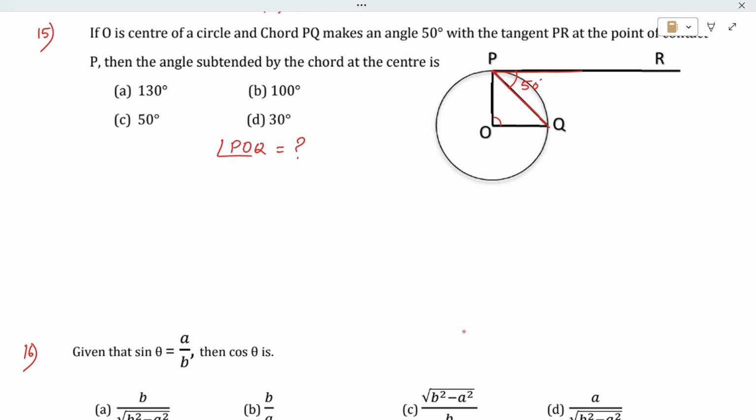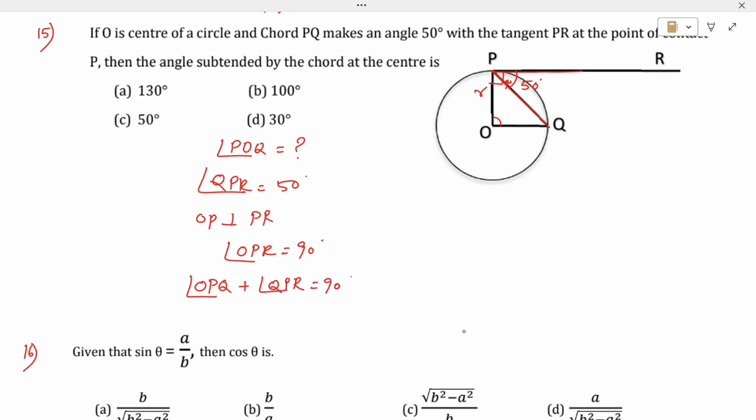Okay, so how can I find it? I know QPR is 50 degree and OP is a radius perpendicular to the tangent. So OP is perpendicular to PR. So angle OPR is 90 degree. I know angle OPQ plus angle QPR is equal to 90 degree, isn't it?